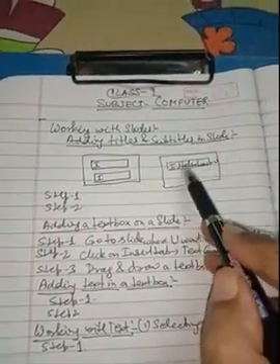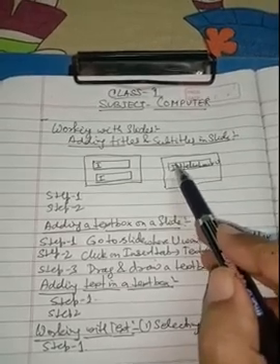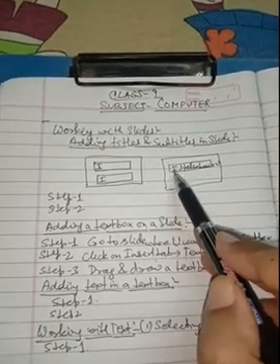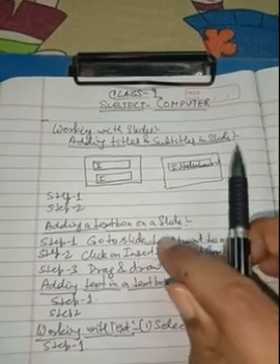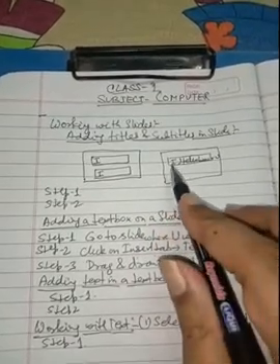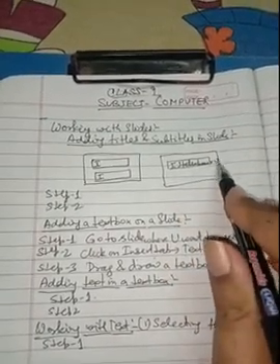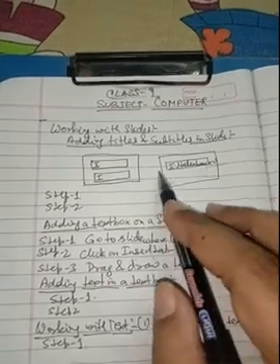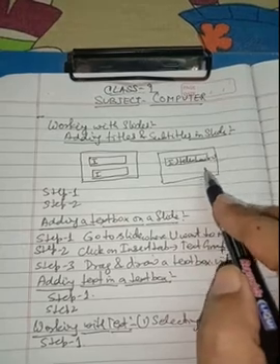So bring the mouse pointer over here and left click. The cursor will appear over here. Now, holding the left mouse button, drag the mouse over the text. After dragging the mouse over the text, release the mouse button. The text will get selected.